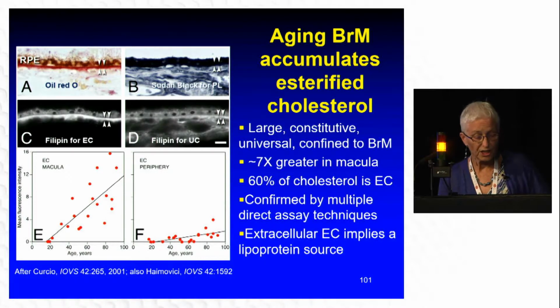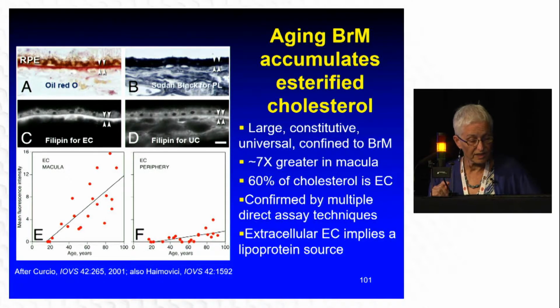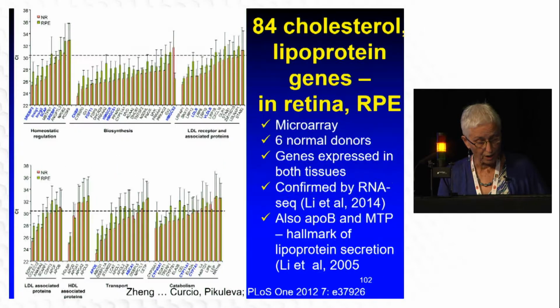This is a large universal constitutive process in normal retina. It's 7 times greater in macula than in periphery. 60% of cholesterol is esterified. It's been multiply confirmed. And the fact that it's extracellular esterified cholesterol implies a lipoprotein because that's the only way you can get esterified cholesterol outside of a cell.